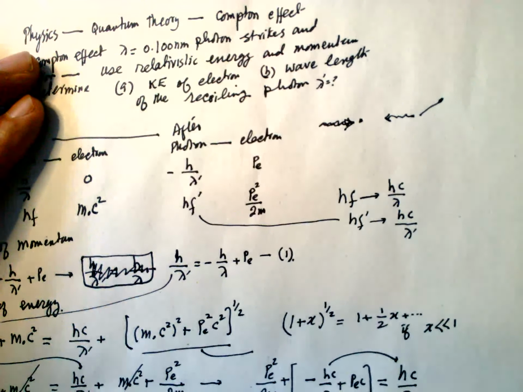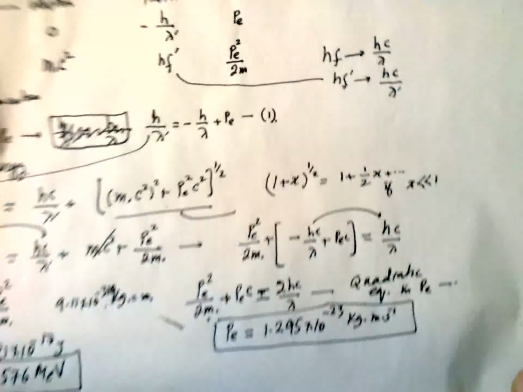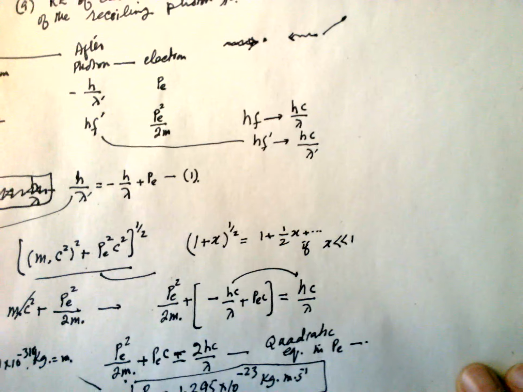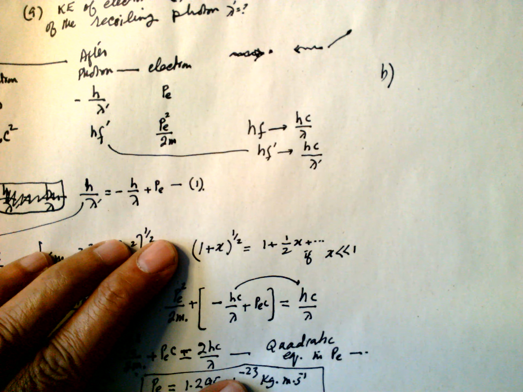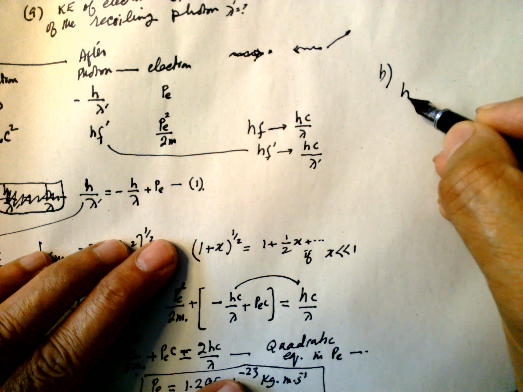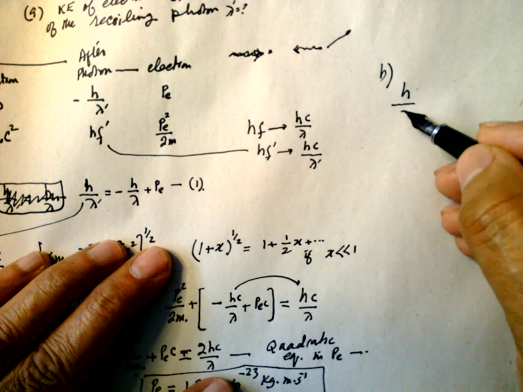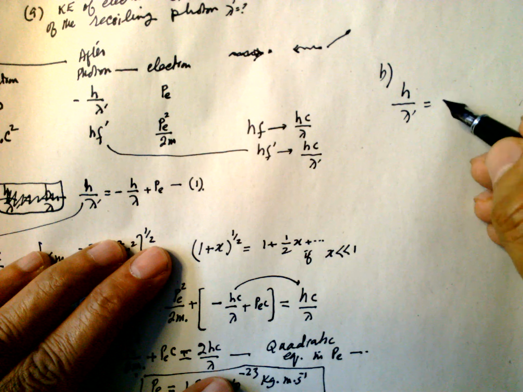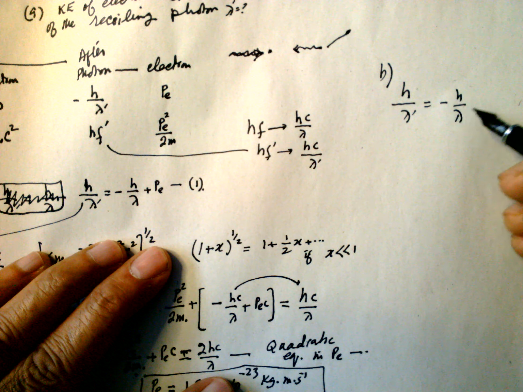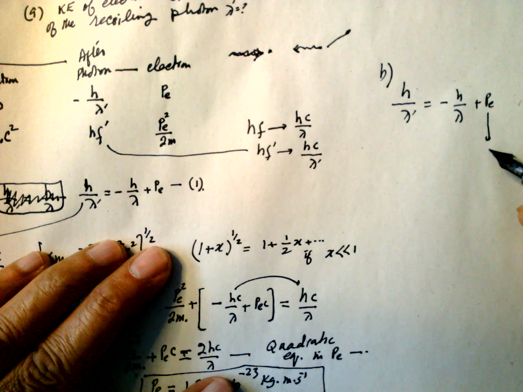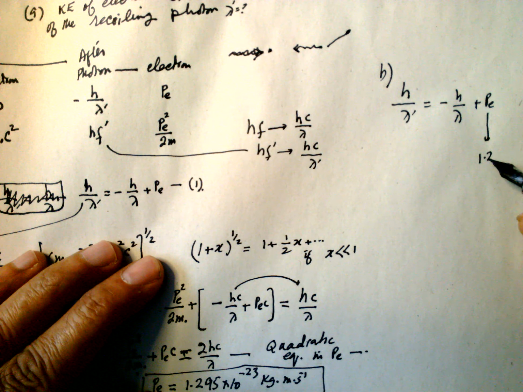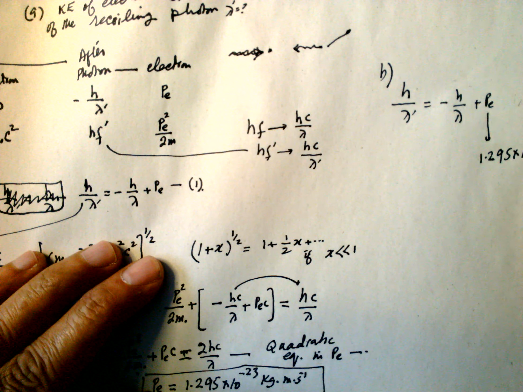So now we have to find the second part. This is the first part done. For the second part, we use this equation, h over lambda dash is equal to minus h over lambda plus pe. Pe is known, which is 1.295 times 10 to the power minus 23 kg meter per second.